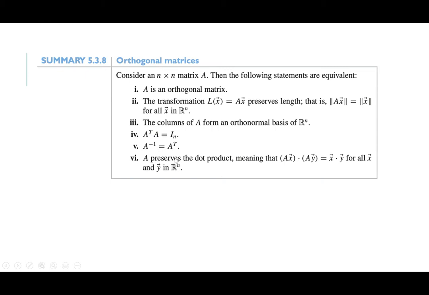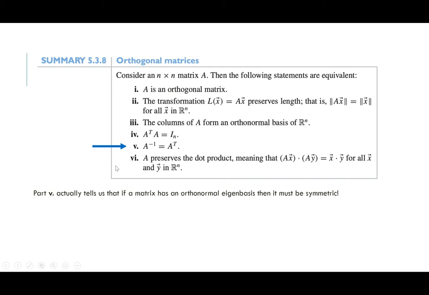And then we've also seen that an orthogonal transformation or orthogonal matrix preserves the dot product. But really, this right here is going to become important. So for an orthogonal matrix, its inverse is its transpose.